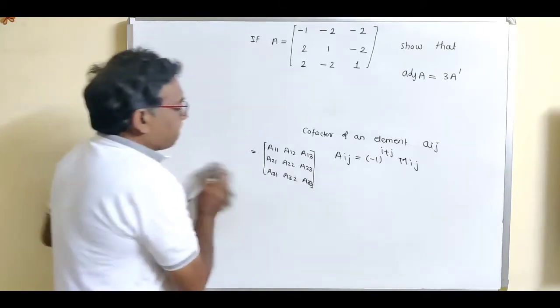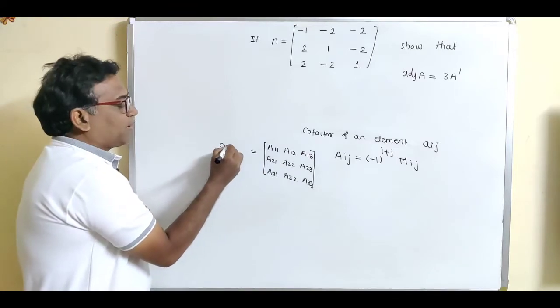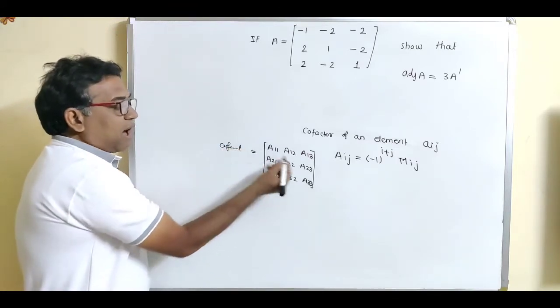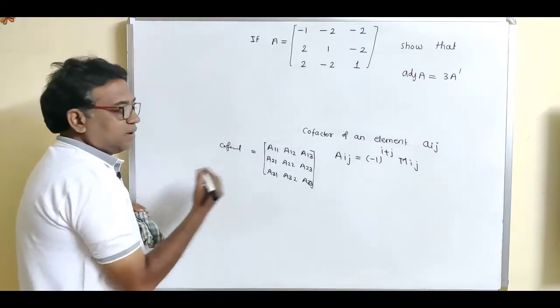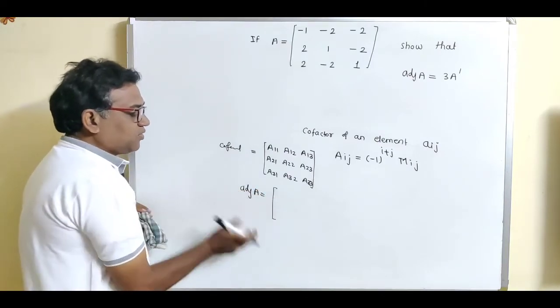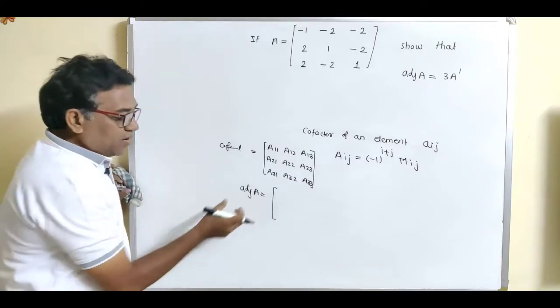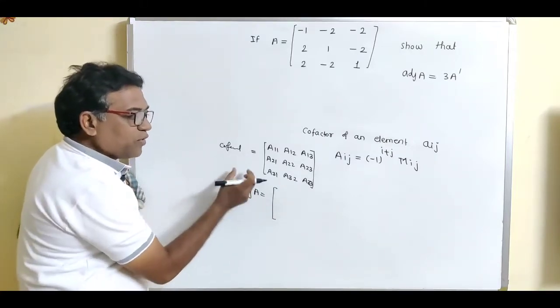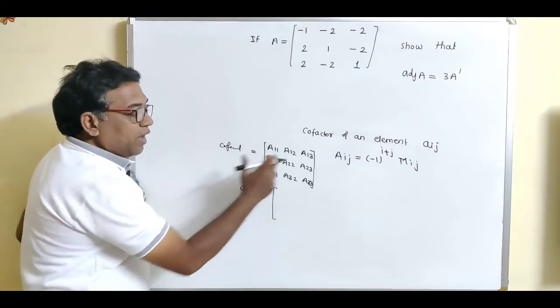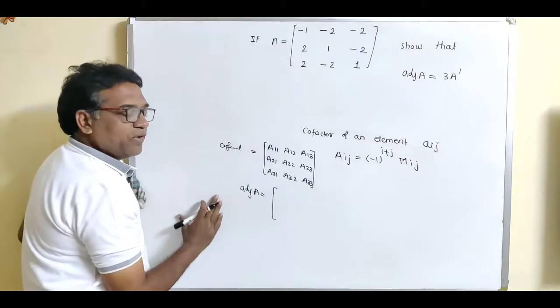Now see, if this is suppose the matrix of cofactor, then how to write the adjoint? Adjoint of a matrix is denoted by the notation Adj A. If this is the matrix of cofactor, then how to write the adjoint of A?